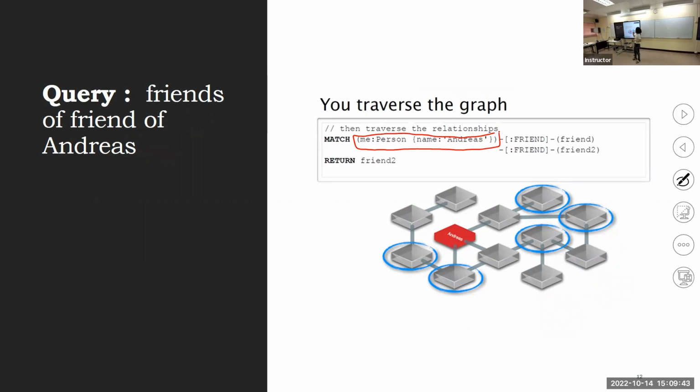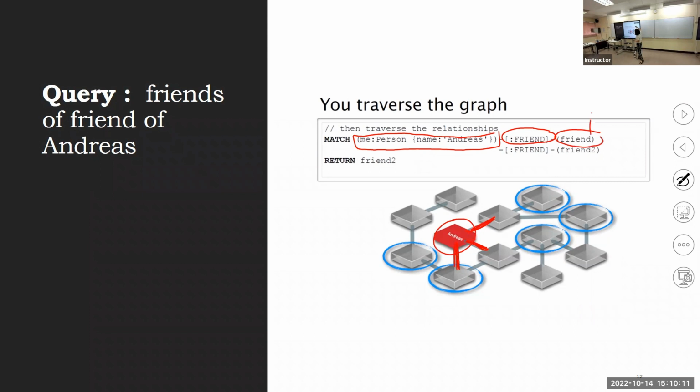Then we say to follow a relationship from this starting point that we identified, the relationship friend. If this is a relationship friend, we will follow. If this is also a relationship friend, we will follow.